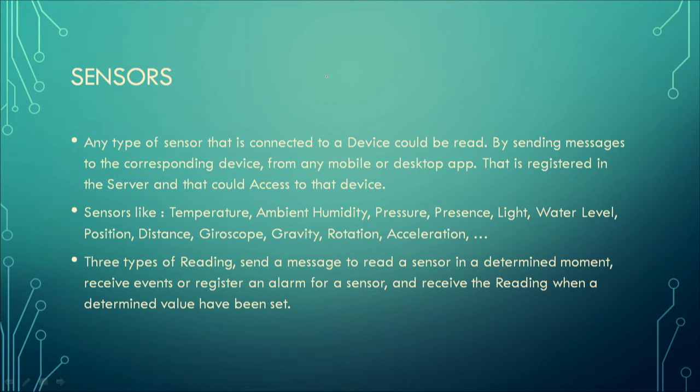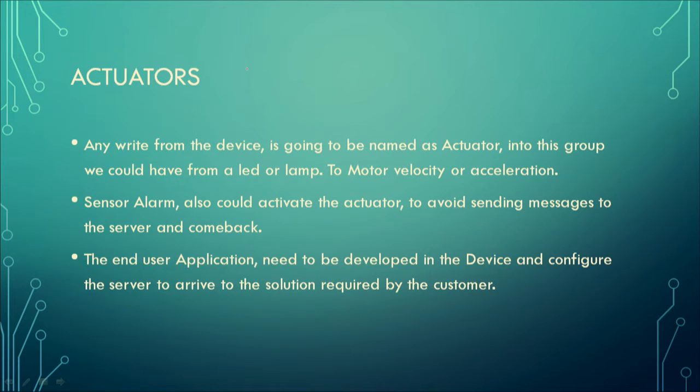Sensors, we have seen here any kind of sensors, it depends on you which ones, because it's above any kind of application and sensors could be used. In the case of actuators, what we name an actuator is everything where we have a write from the device to the environment.